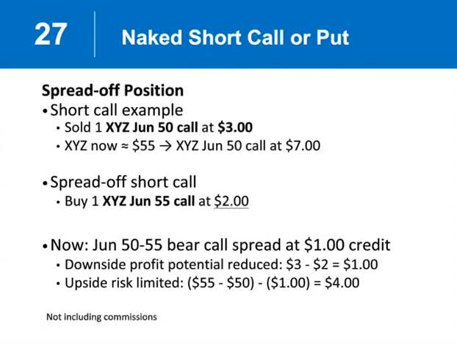Well, our maximum profit would not have been obviously the $3 we sold that original call for, but it would be the difference between the call we bought and sold, just that $1 credit. So the key in rolling to a vertical is believing that the stock is not going to continue to run.